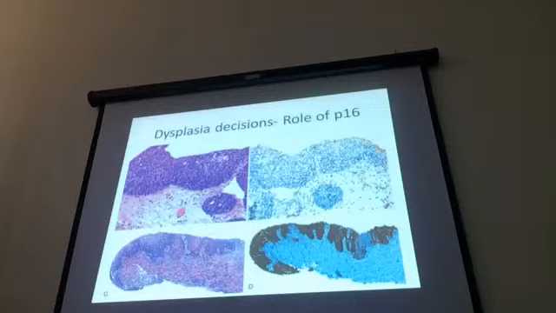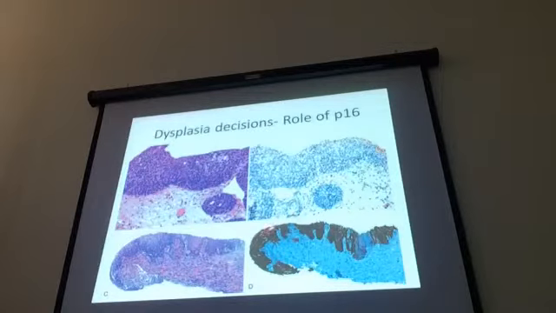Now, differentiation is difficult sometimes between a hyperplasia and neoplasia. And this is one of the areas on the high-grade side of things where P16 staining can be very useful. So you look at these two and you say, those both look like high-grade lesions to me. Do they look like that to you? Yeah, very similar.